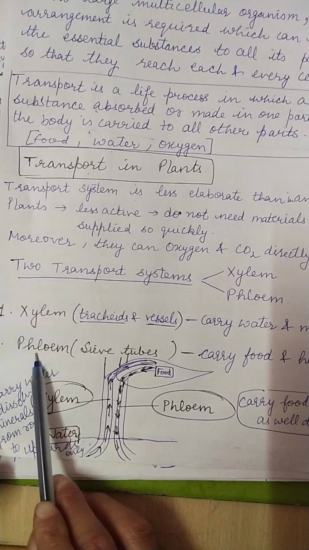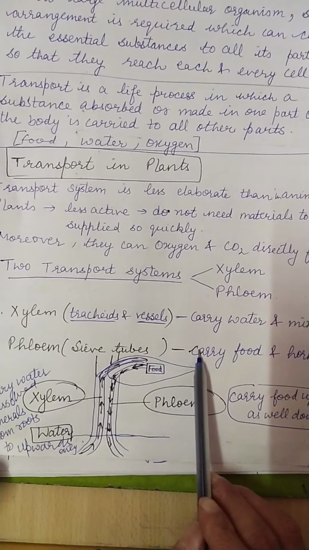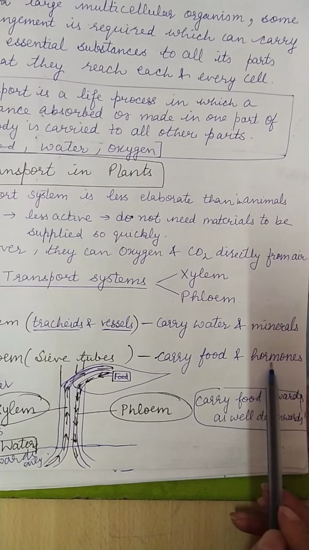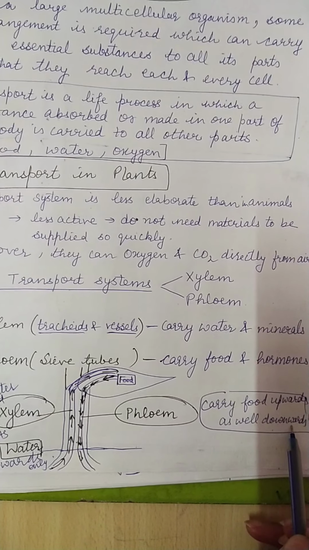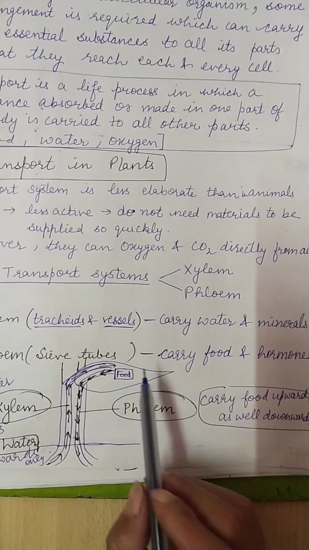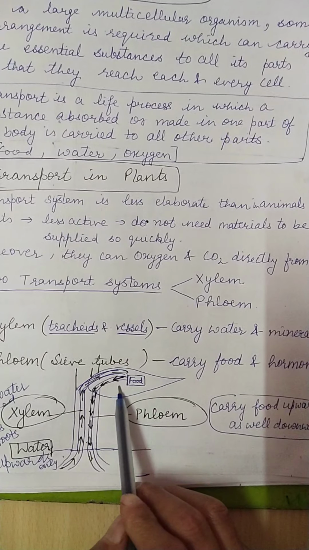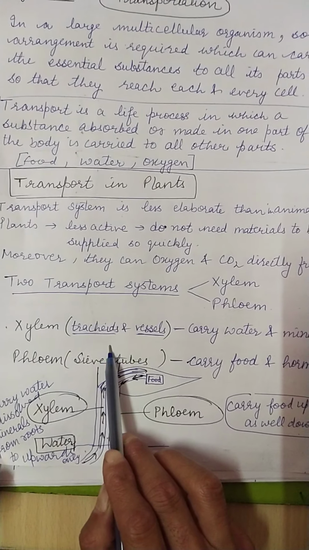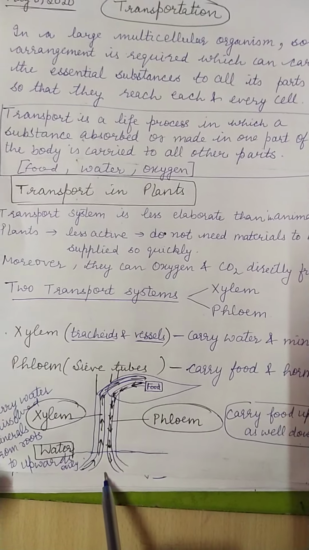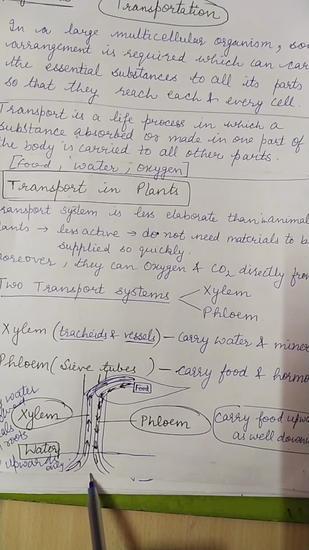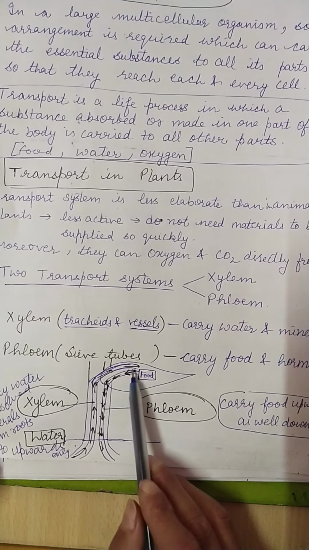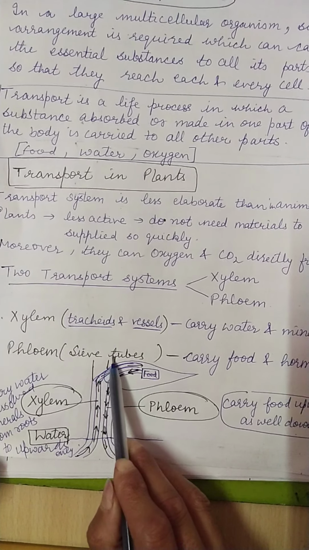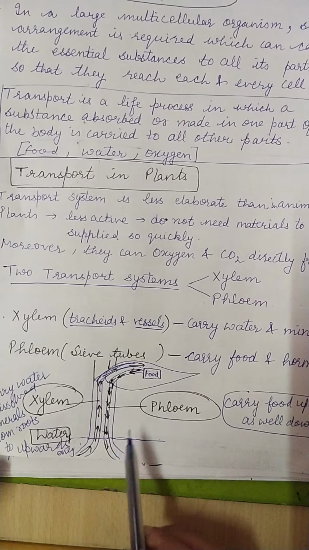But the phloem, which can carry food and hormones, can carry these substances upwards as well as downwards, because the food is synthesized in the leaves, but the upper part and the lower parts of the plant both need food. So the transport through the phloem occurs in both directions.